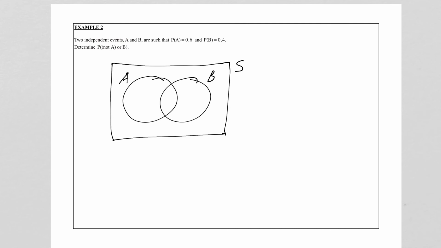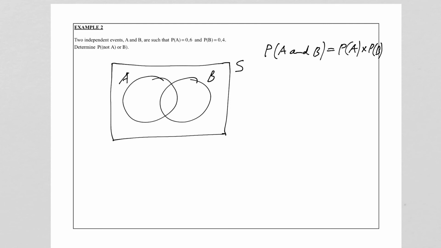Now, the moment that we know they're independent, we know that the probability of A and B is equal to the probability of A times the probability of B. So that means we can find the AND because we know what probability of A is and we know the probability of B, and we know that they are independent, and that is why we are allowed to use this rule.